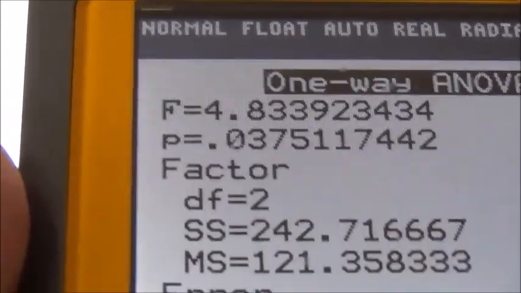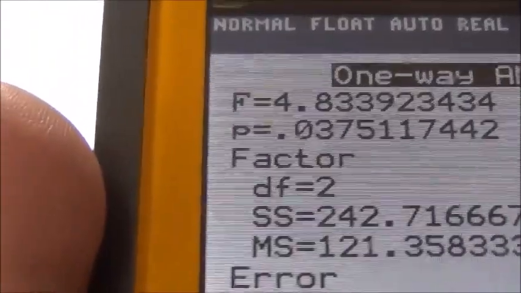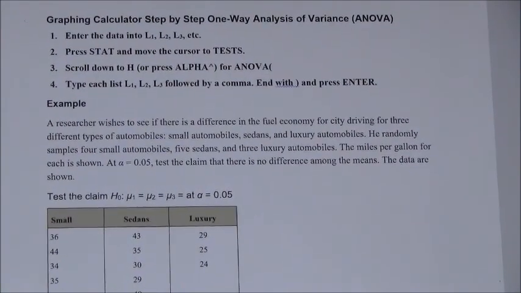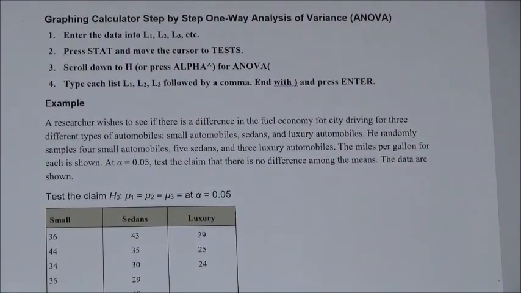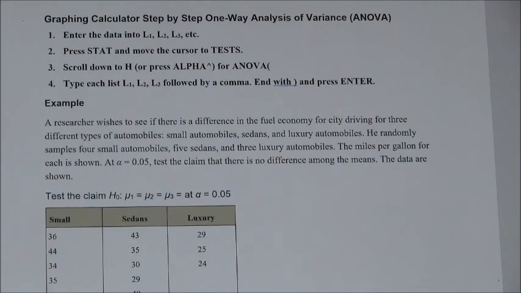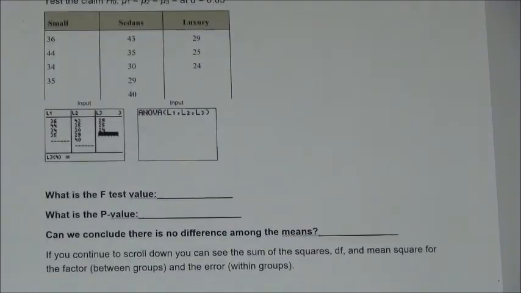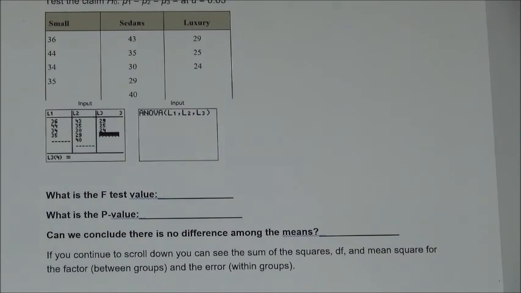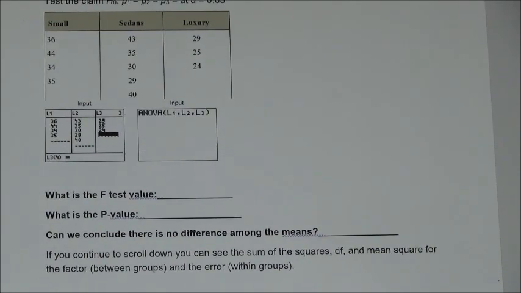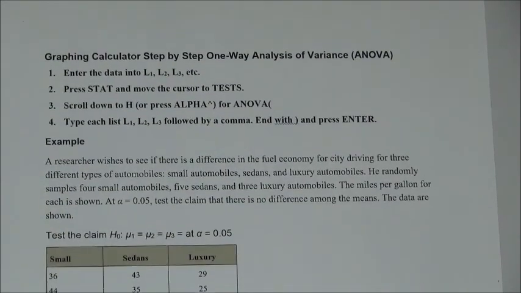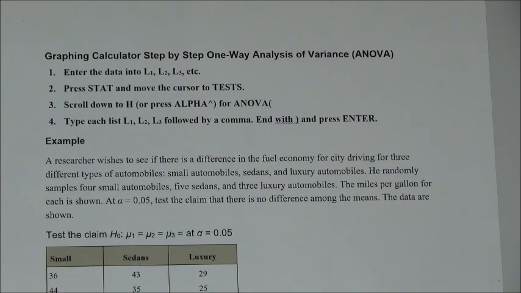Now, if I am trying to decide if I should accept the null or the alternative hypothesis, the null, there is no difference, is what the claim is. I'm going to use my p-value because I think the p-value is a little easier. My p-value is 0.0378, 0.037. My alpha value is 0.05.